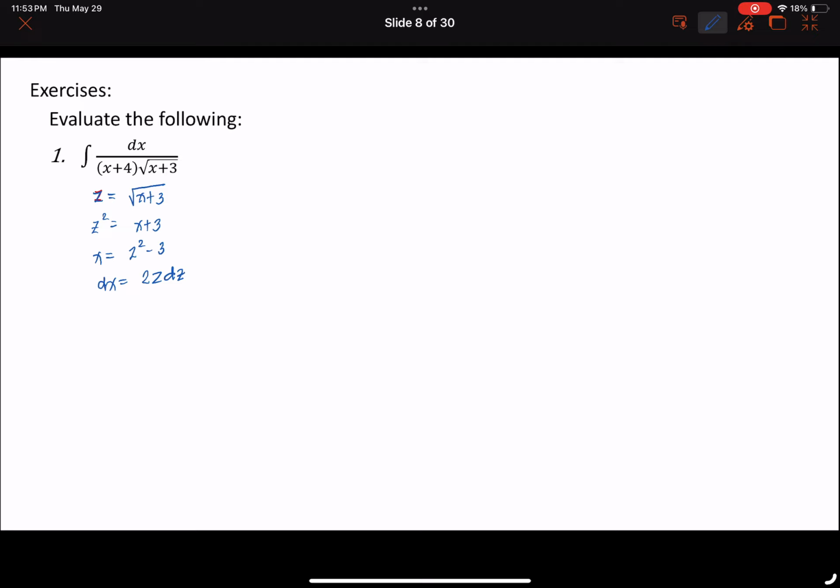We can now apply that substitution. So we have dx, which is 2z dz, over x plus 4, which would be z squared minus 3 plus 4. The square root of x plus 3 is z, so we can cancel out z.